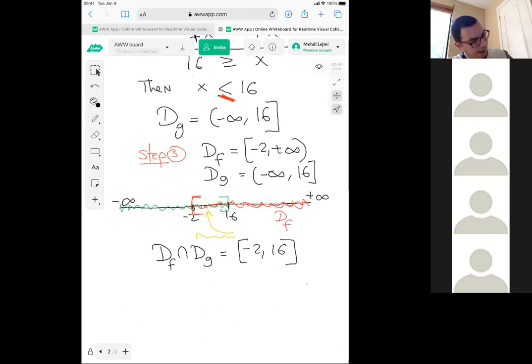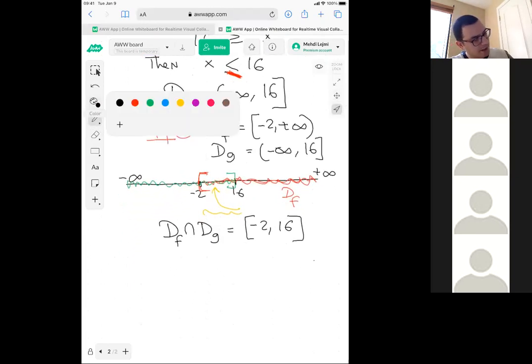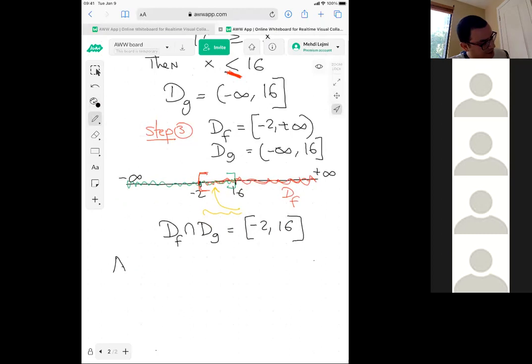So now I can answer the question. So here's the answer: the domain of f plus G, f minus G, f times G is -2, 16.